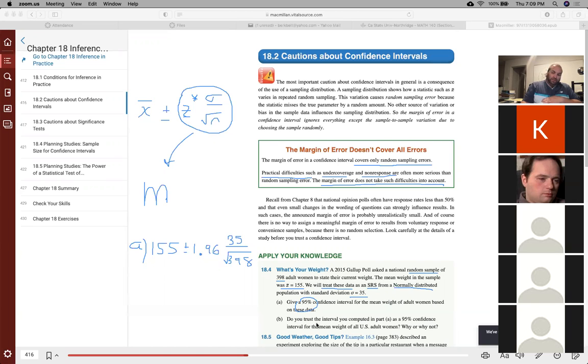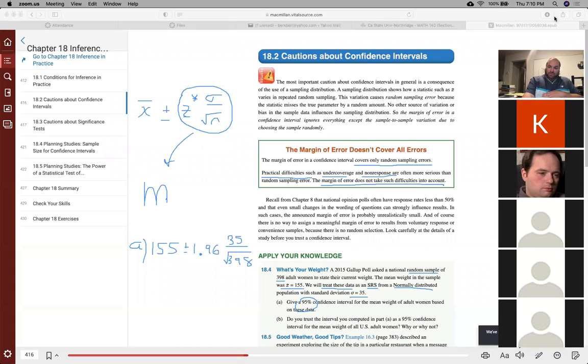What's wrong with the math? What practical difficulty can exist in this scenario? I mean, 398, it's a pretty large size sample. Some people probably lied. I love it. Well, there is non-response and undercoverage. It's always possible. That's true. But I think the biggest issue is that people, for whatever reason, lie about their weight.